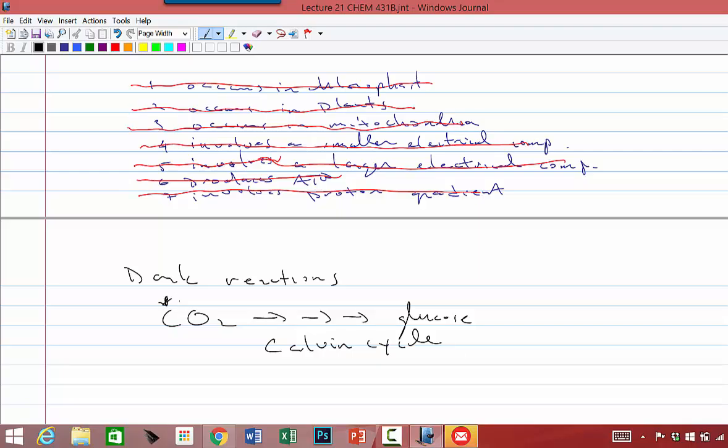So he used radio-labeled CO2, and he followed where the CO2 went when he incubated it with organisms that had chloroplasts in them. I think some algae.